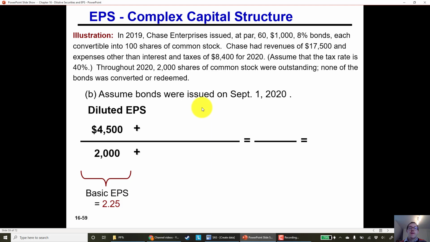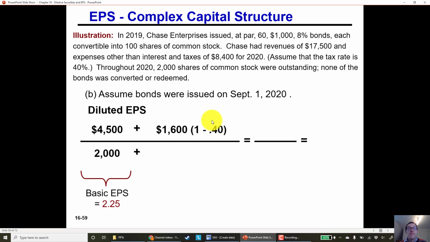So we are saving 60 times 1,000, 60,000 times 8%, that's 4,800, times the 4/12 of the year, that's 1,600. So they're really saving 1,600 times 1 minus the tax rate, of course. It's like they save 1,600, but then they anti-save the 40% of that, essentially. 640. So they're going to save 960 net.